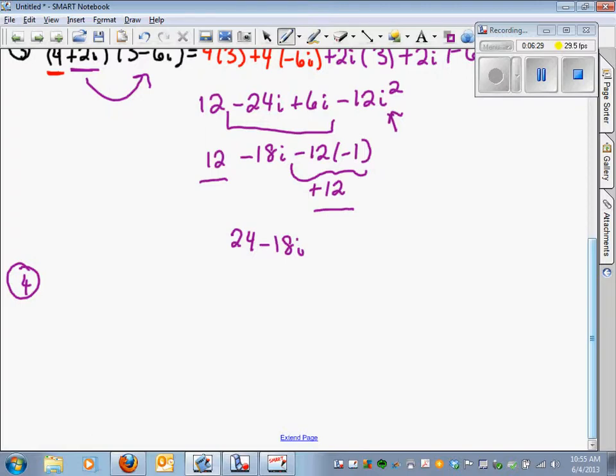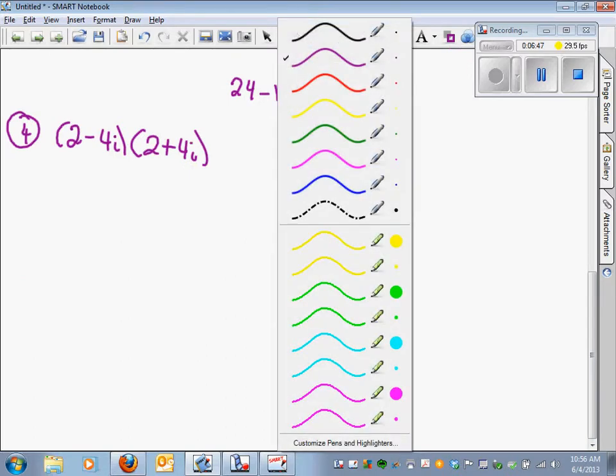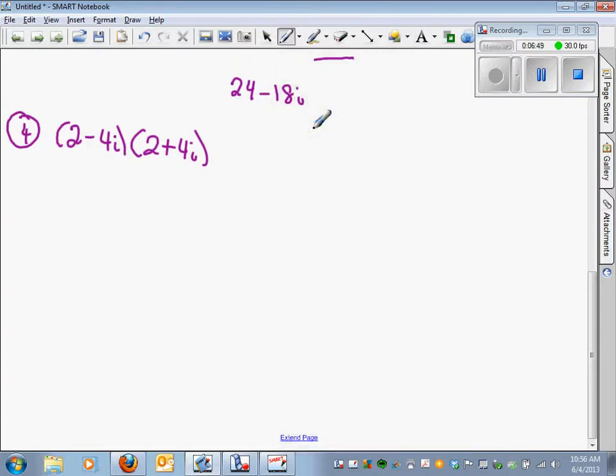We're going to try one more example and see if the same thing happens. 2 minus 4i times 2 plus 4i. We'll start off the same way. We're going to distribute. We have to multiply the 2, the real portion of our first complex number, by the entire second complex number.